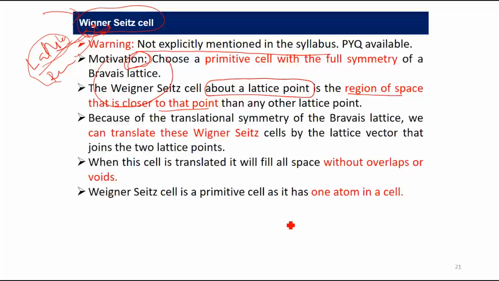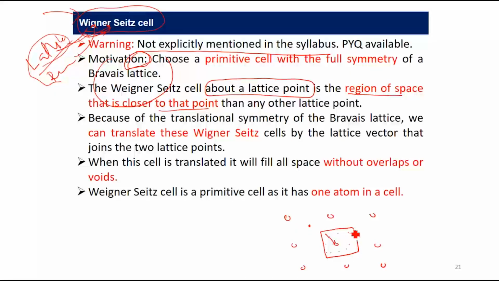That means if I have a lattice like this, I choose a region like this so that for any point in this region, the closest lattice point is this one. If I have a point outside, then for that point another lattice point is the closest, so it will not be a part of this Wigner-Seitz cell.